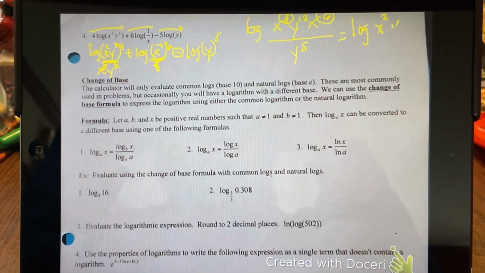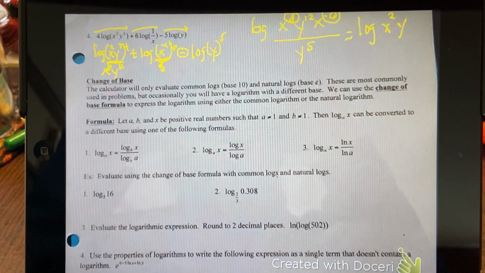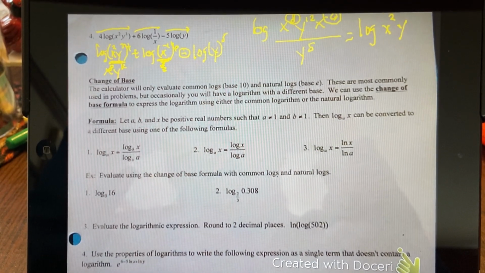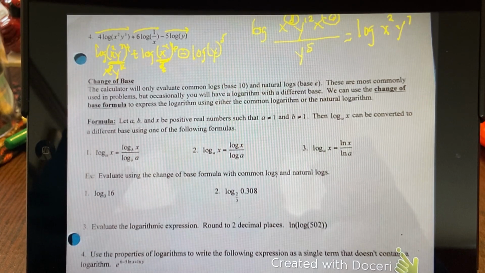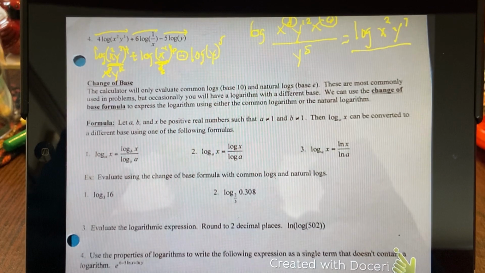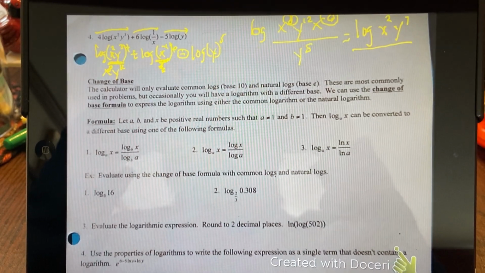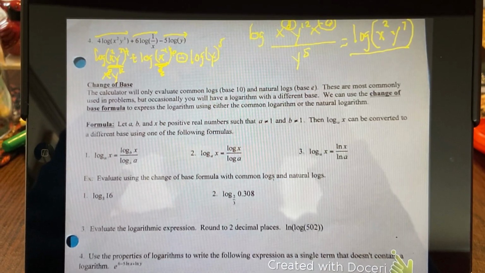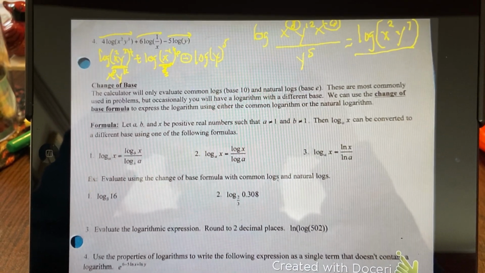And then what do I do with the y's? Well, one's on the top, one's on the bottom. I'm going to subtract. 12 minus 5 is 7. So final answer, log, I can do it in parentheses if I need to, x to the 2nd, y to the 7th. So that's a condensed.